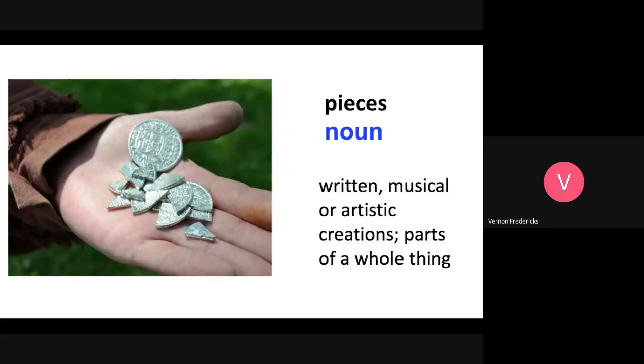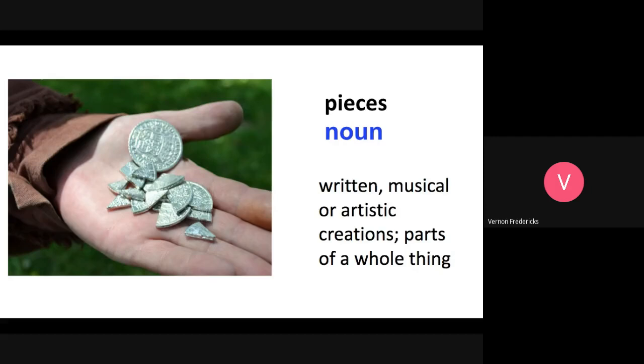Okay. So also another explanation is written pieces. Okay, pieces that somebody writes. Yeah, musical pieces, pieces of music like Mozart, before he wrote his whole symphony, it was divided into small little pieces that give us the big whole symphony.